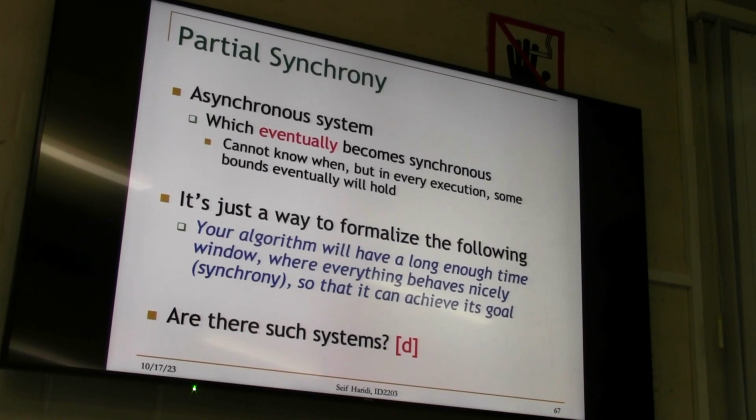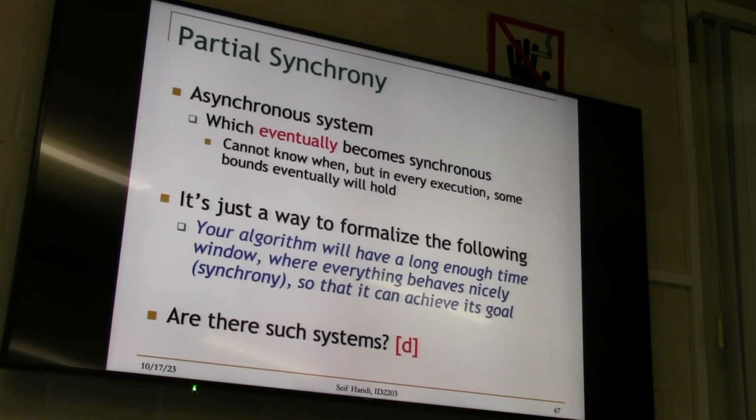Okay? So if you look at the internet, it's basically a system like that. Because it's basically a nested set of networks, and each bigger one has larger time bounds. So if you run your algorithm, eventually it will find the largest network that it's running in, and at that point you will have a bound. When will that happen?